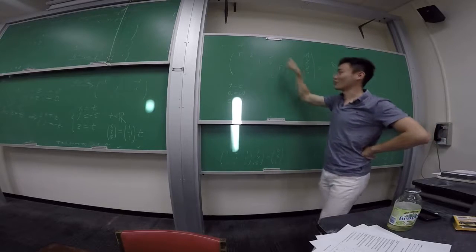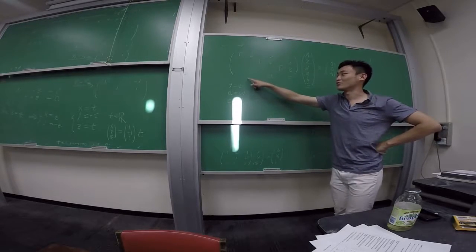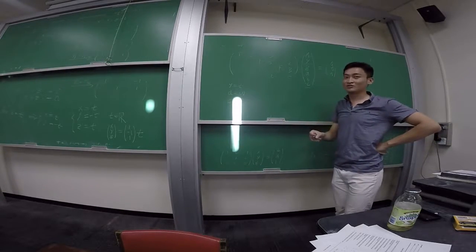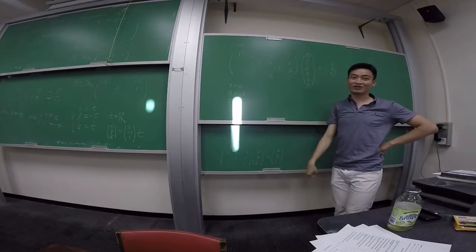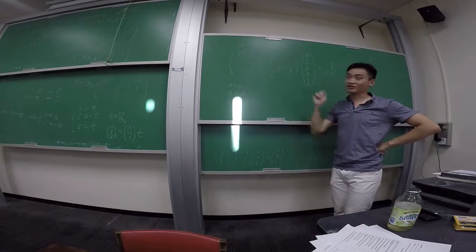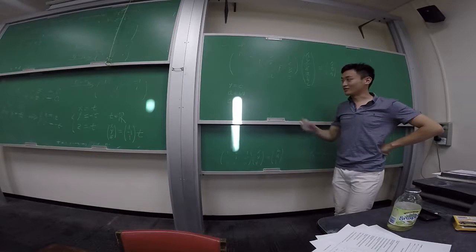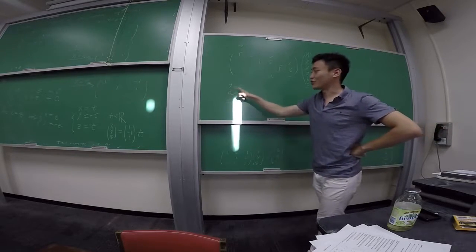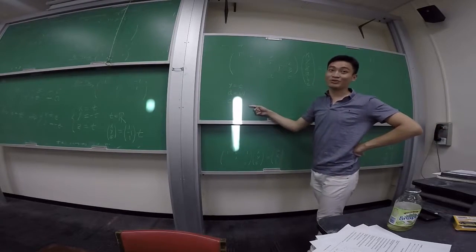So this is why I want to give a name to those variables. Those variables are called free variables in the homogeneous linear equations. And then I give a parameter to each variable right over here.